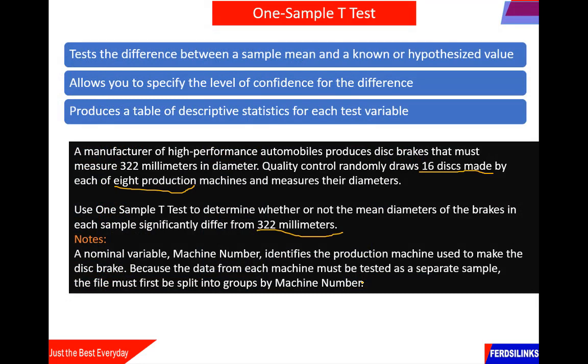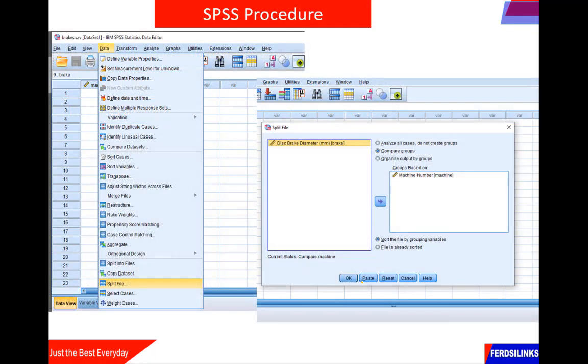But before that, how do we run this? You have to go to Data, take Split. This dialog box opens. You take the variables. Now, in the dialog box you have machine number and the brakes, and since we want to split our data by groups, we take Compare Groups, and we take the continuous variable.